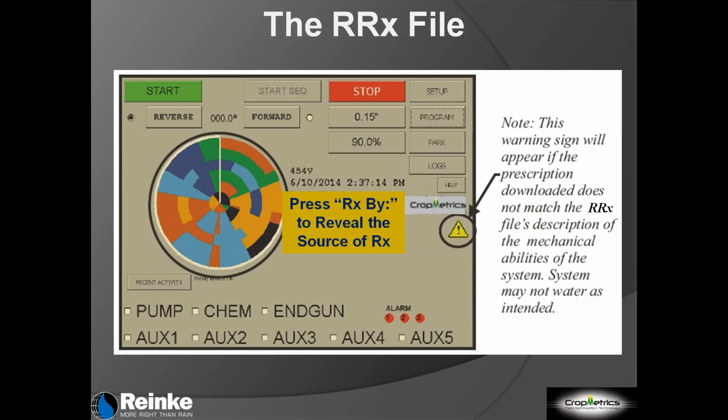The other thing that happens when we load that template into our prescription software is that it brings the zones in, and so those zones now can no longer be edited. You cannot add any zones, you cannot remove a zone, you cannot shift a zone because it's locked into the actual hardware on that system.